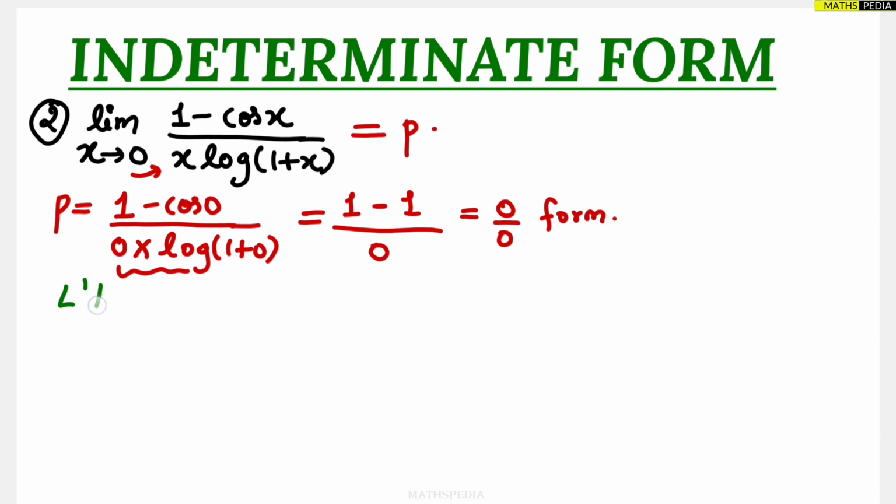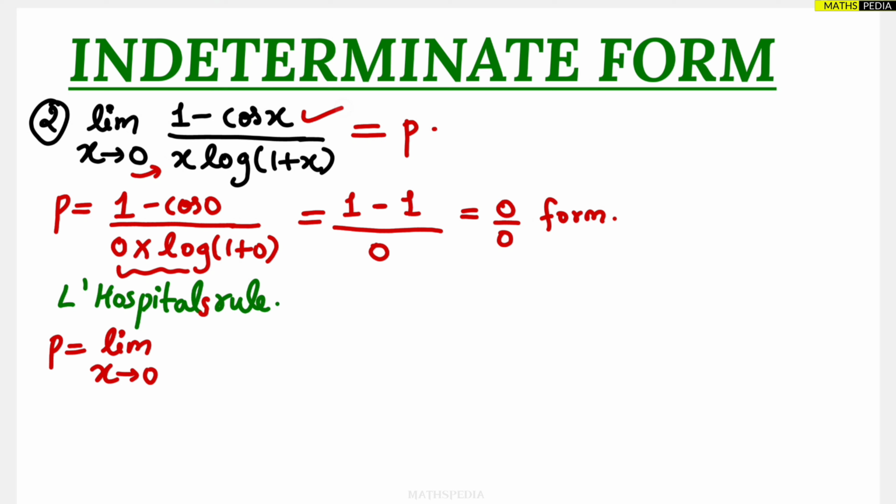Simple. If you are getting 0 by 0 form after applying the limit, always remember you have to go for L'Hospital's rule. What does this L'Hospital's rule say? We have to do the differentiation of numerator as well as denominator. So the p value, limit x tends to 0.